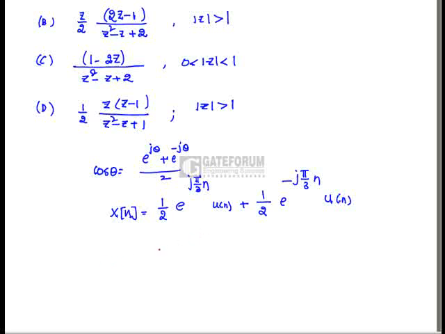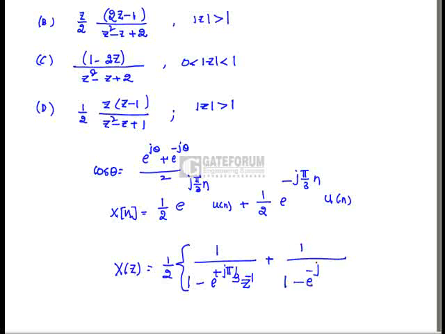By using the standard z transform relations, we can convert x of n into x of z as follows. X of z equals 1 by 2 times 1 divided by 1 minus e power j pi by 3 z inverse plus 1 divided by 1 minus e power minus j pi by 3 z inverse.